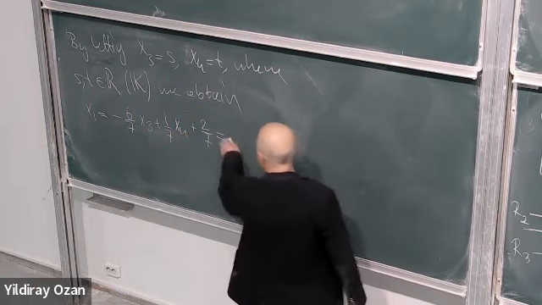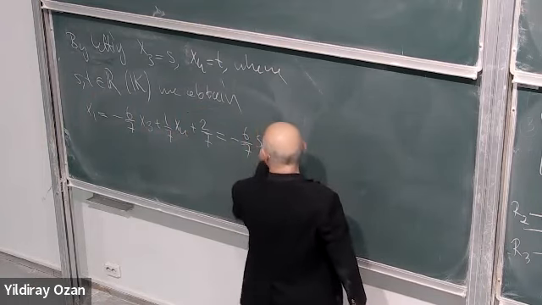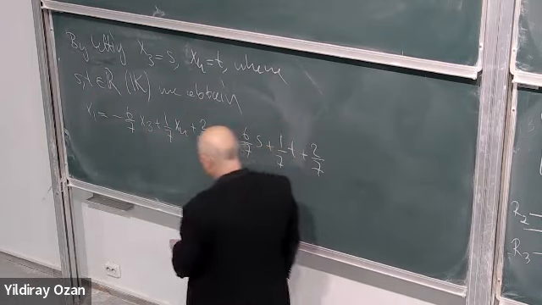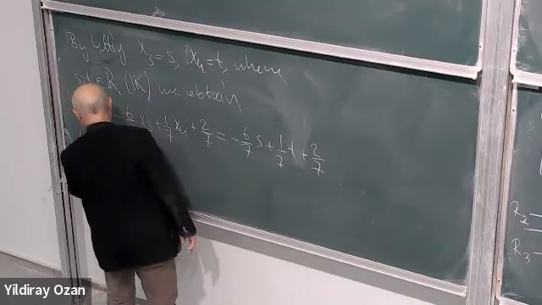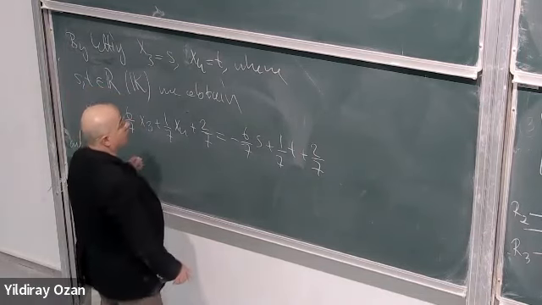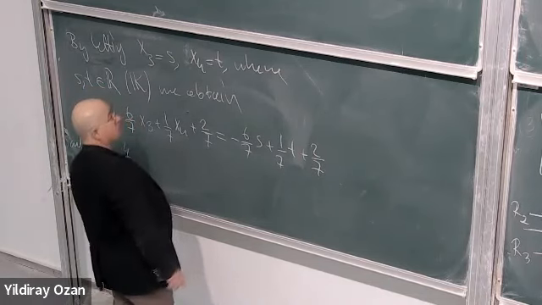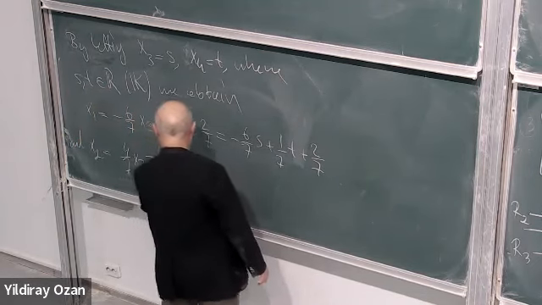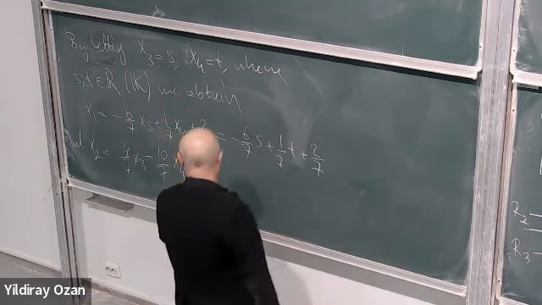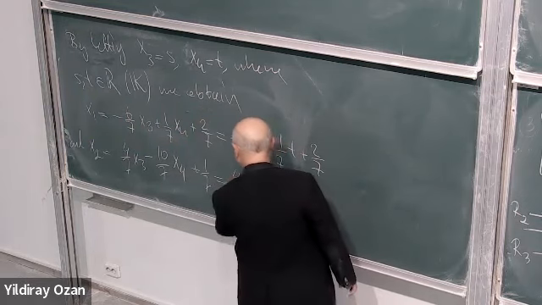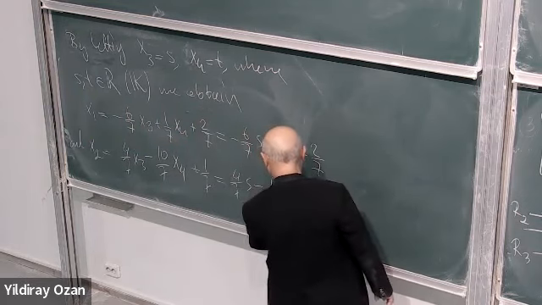So it is just minus 6/7 s plus 1/7 t plus 2/7, and x2 is just 4/7 x3 minus 10/7 x4 plus 1/7. So it is just 4/7 s minus 10/7 t plus 1/7.